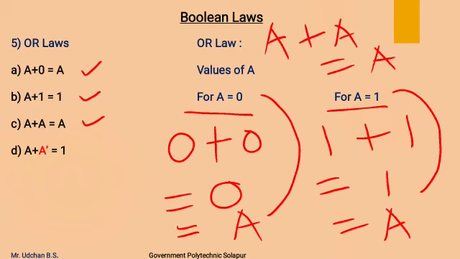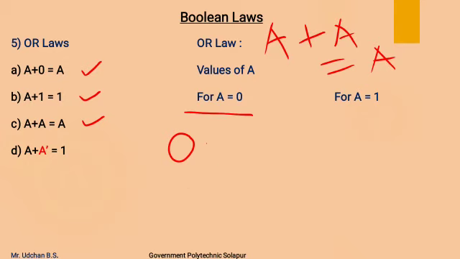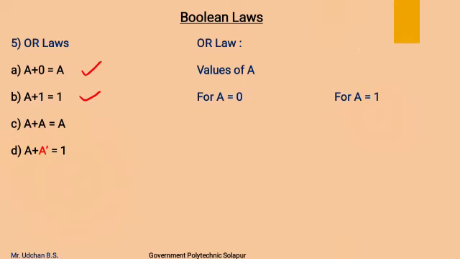The fourth OR law is a plus a complement equal to 1. We will see that also, how it gives a value of 1. This one, a plus a complement will give you 1.